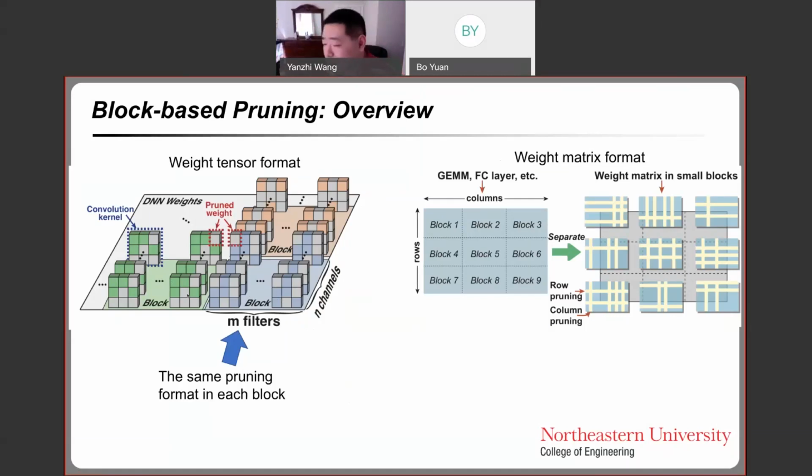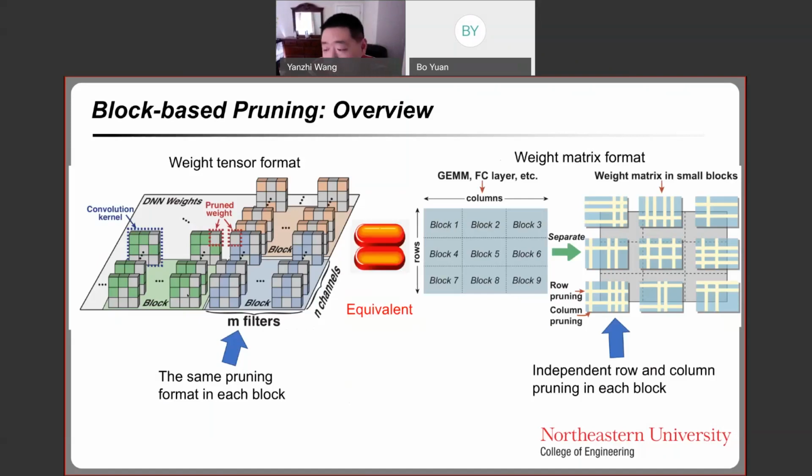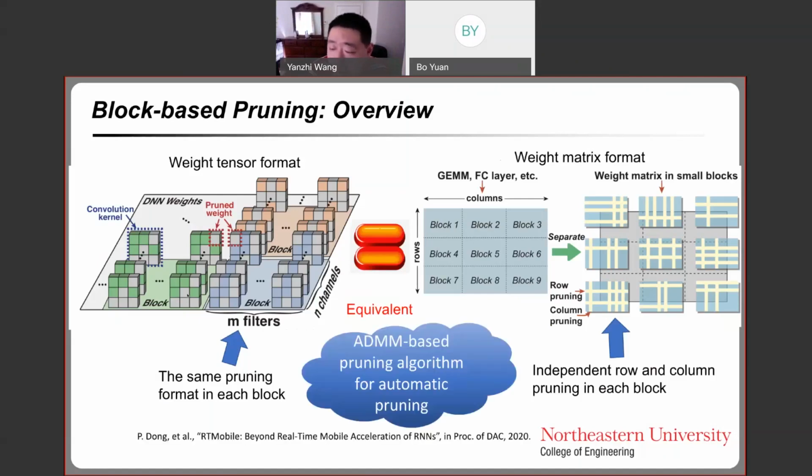In the weight matrix format, how do we do the block-based pruning? We divide the whole weight matrix into blocks, and then we apply independent row and column pruning in each block. And then the remainder is not pruned. From the compiler's perspective, these two are equivalent, and we can get acceleration through a unified compiler-assisted acceleration framework and a unified solution framework using ADMM-based pruning.